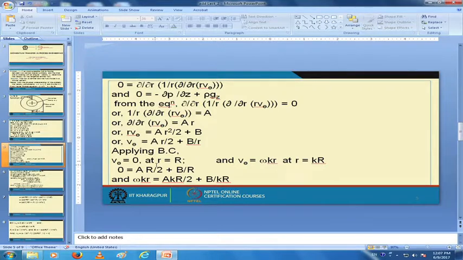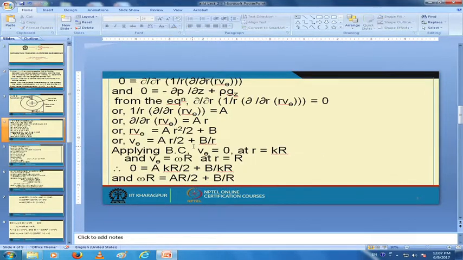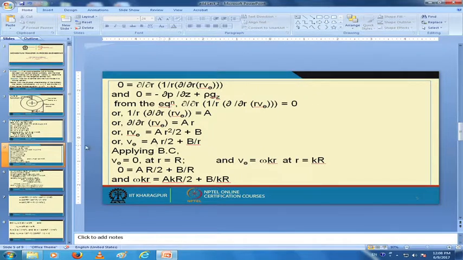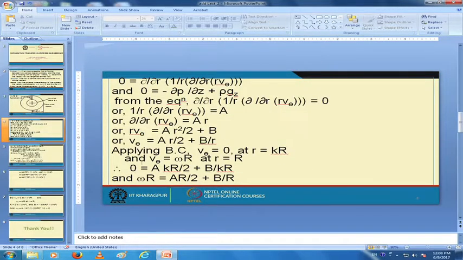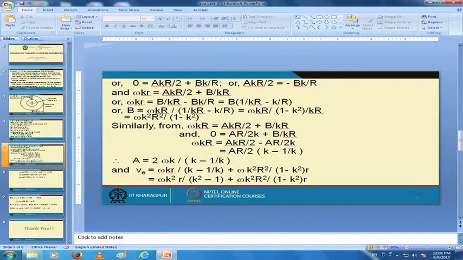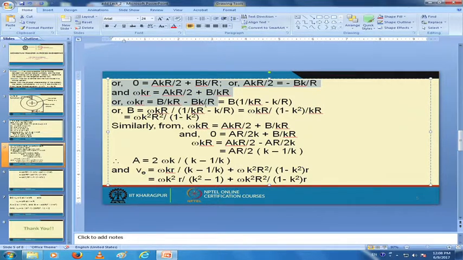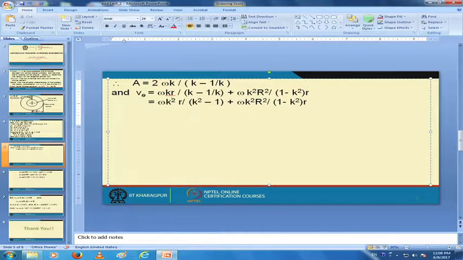Hopefully we can delete this repeated part. So, on simplification, we don't write all these because we have shown you there. We can write simply what A is.